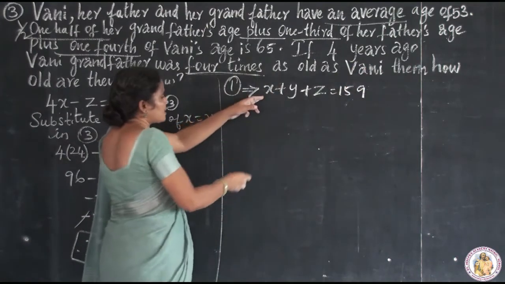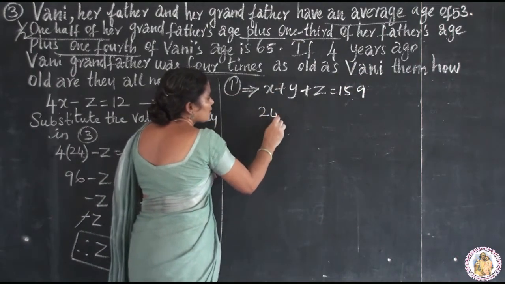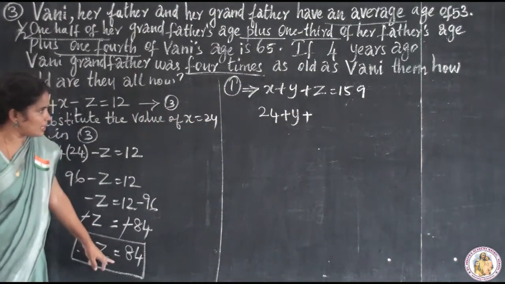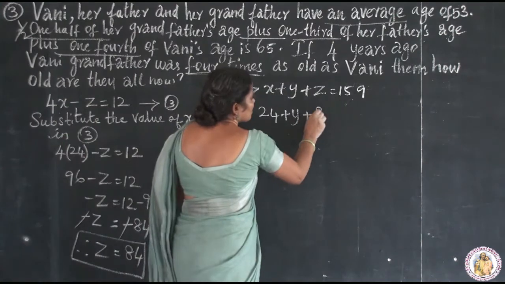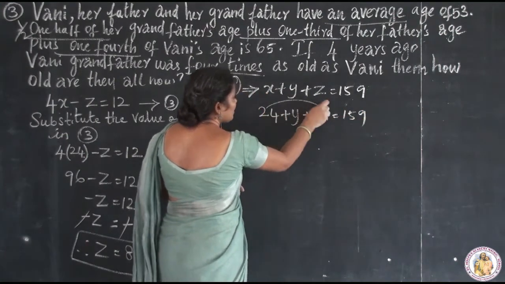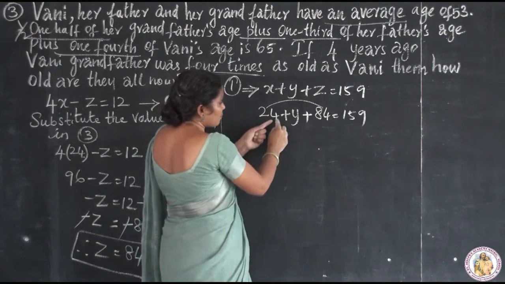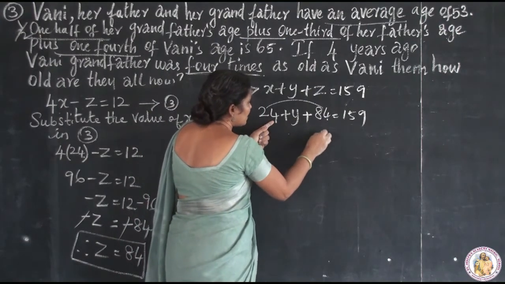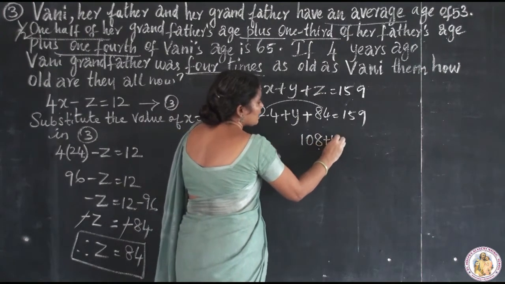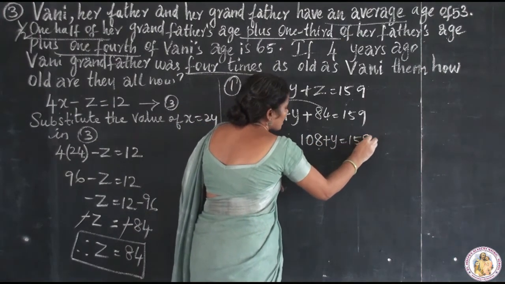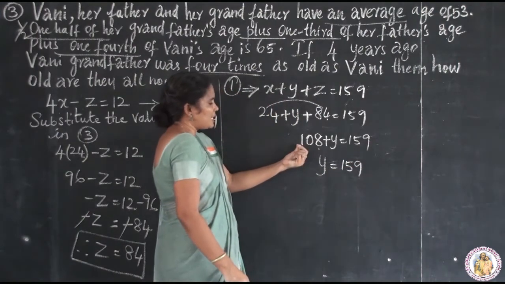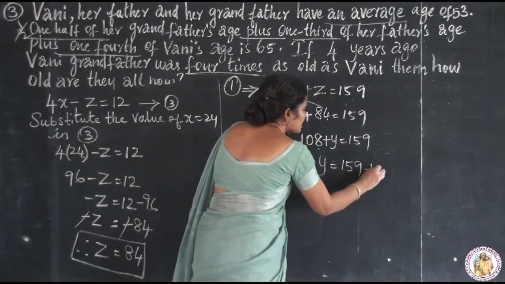So 24 plus y plus 84 is equal to 159. 84 and 24: 4 and 4 is 8, 8 plus 2 is 10, so 108 plus y is equal to 159. Y is equal to 159 minus 108.